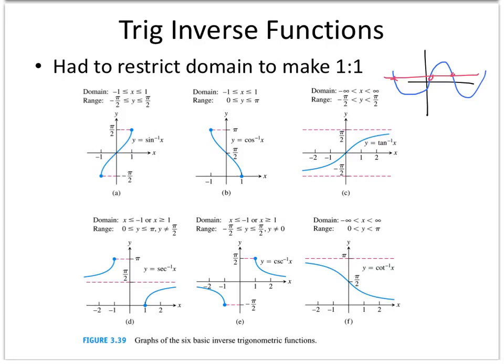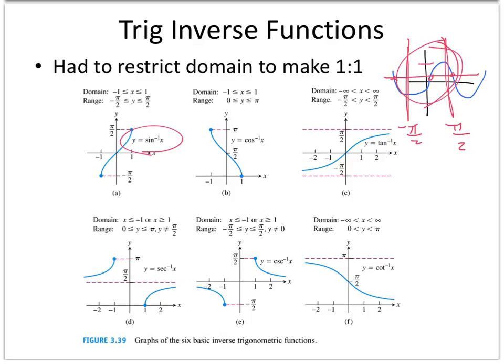So what we did is we just said, let's restrict the domain from minus pi over 2 to pi over 2, and within this particular domain, it is one-to-one. And so that meant we could actually have an inverse.